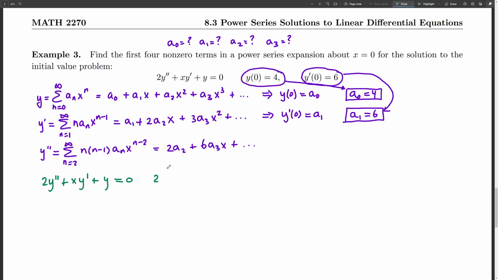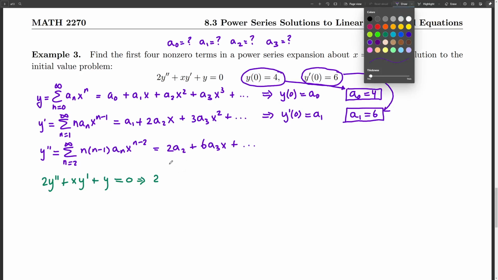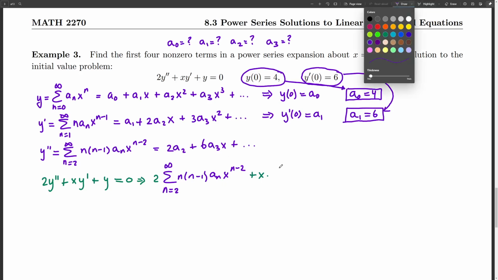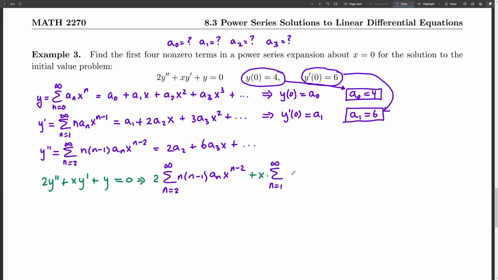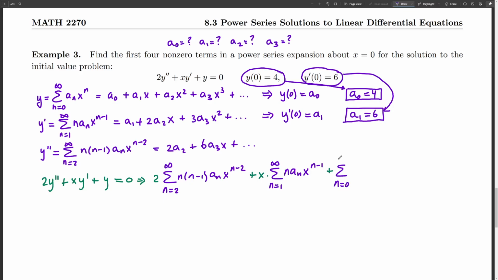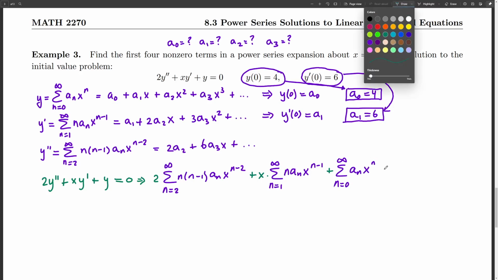That becomes 2 times the sum from n equals 2 to infinity of n times n minus 1, a sub n x to the power n minus 2, plus x times y prime, the summation from n equals 1 to infinity of n times a sub n times x to the power n minus 1, and then finally plus y, the sum from n equals 0 to infinity of a sub n x to the power n. And all of that equals 0.